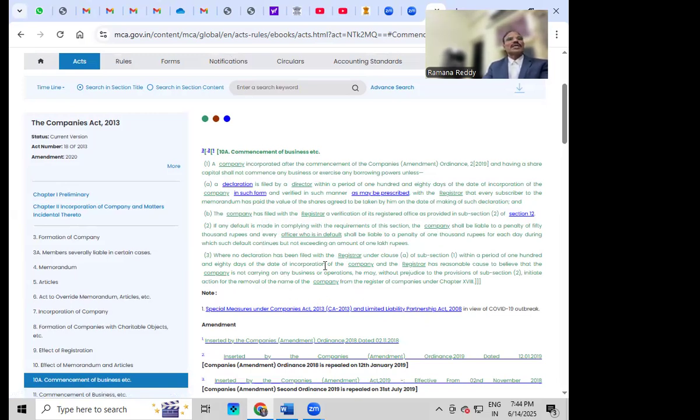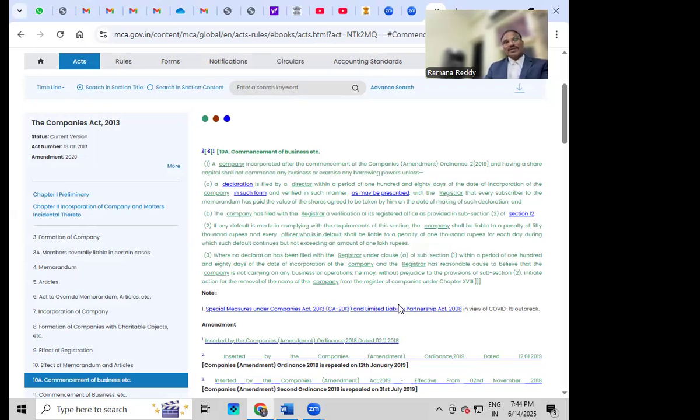So where no declaration has been filed with the ROC, suppose no INC-20A is filed, within a period of 180 days of the date of incorporation of the company, and the ROC reasonably believes that the company is not carrying on any business or operation, then ROC may, without prejudice to the provisions of subsection 2, initiate action for the removal of the name of the company from the register of companies under chapter 18.